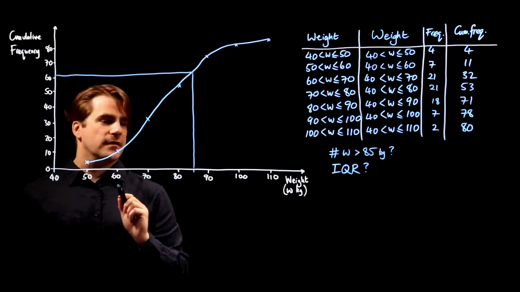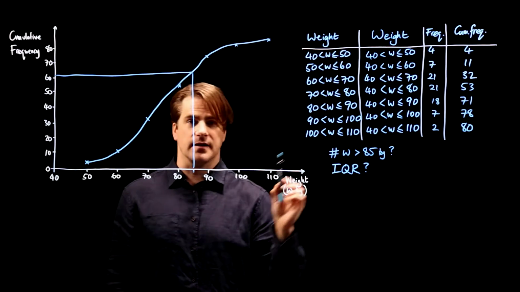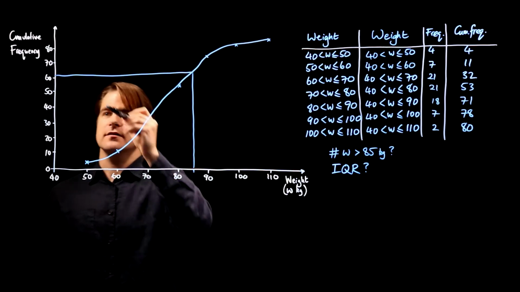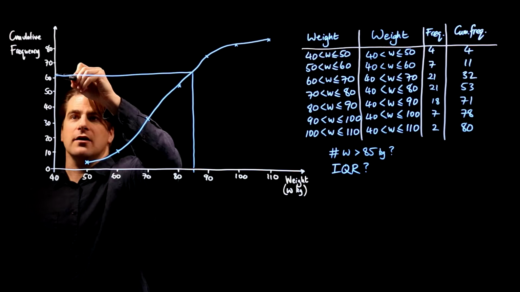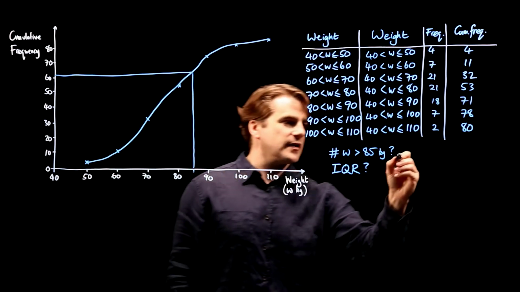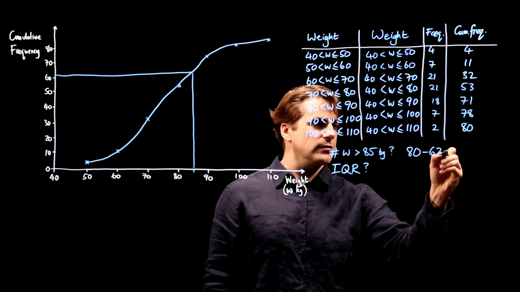So that means, now remember the question is saying how many adults have a weight greater than 85 kilograms. The answer isn't 62. The answer is however many adults are in this region here, from 62 to the total number. So it's actually 80 minus 62.